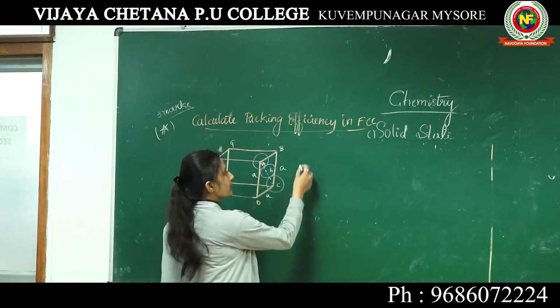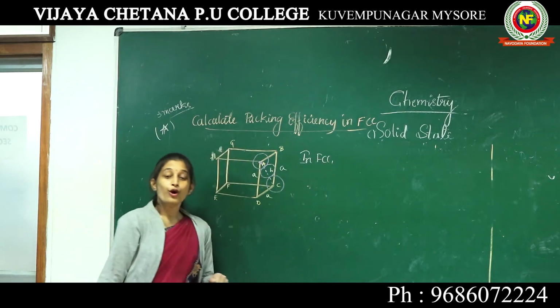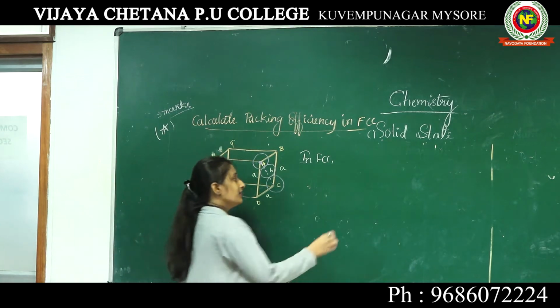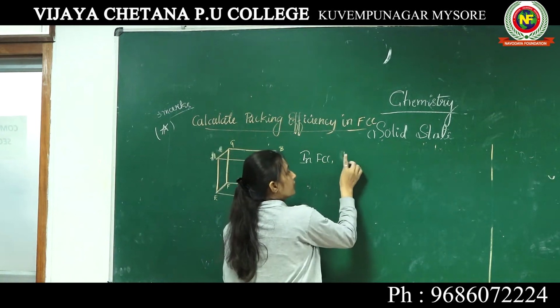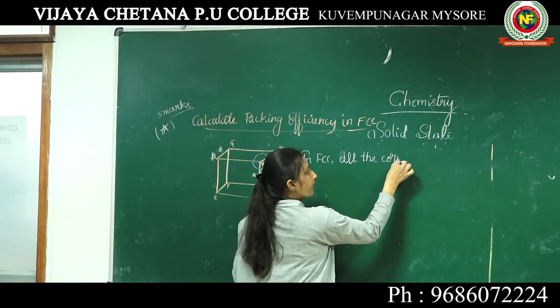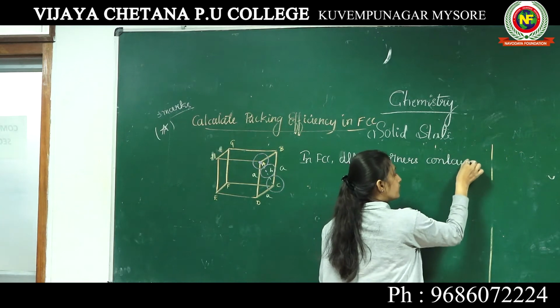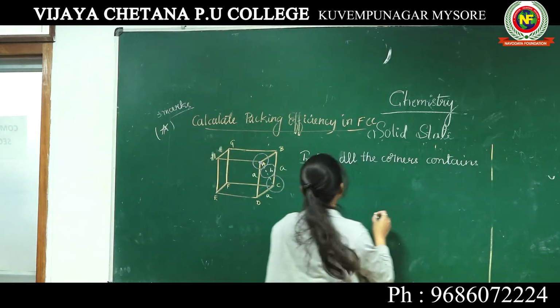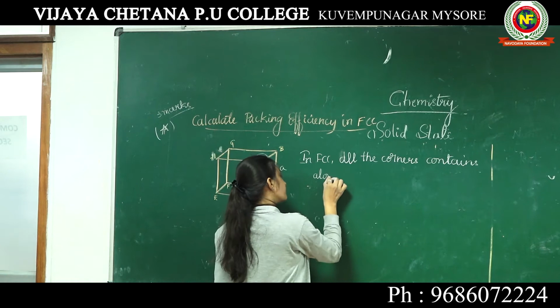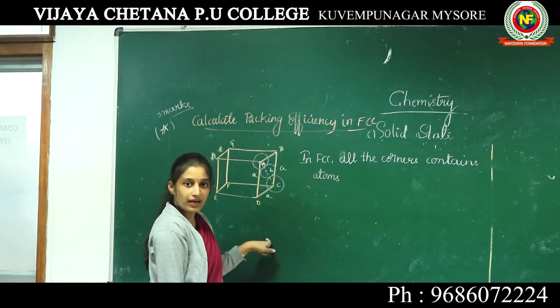Now I am going to calculate the packing efficiency in FCC. First, in FCC, all the corners contain 8 atoms. Here so many corners are there, no?